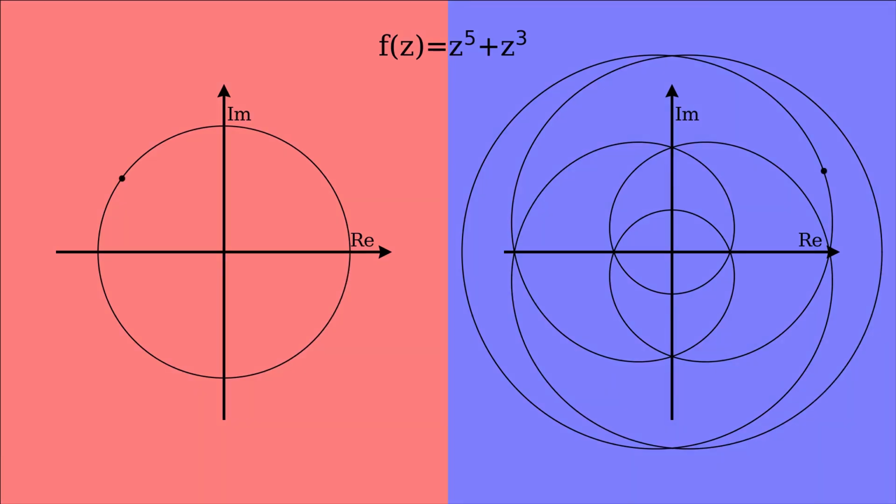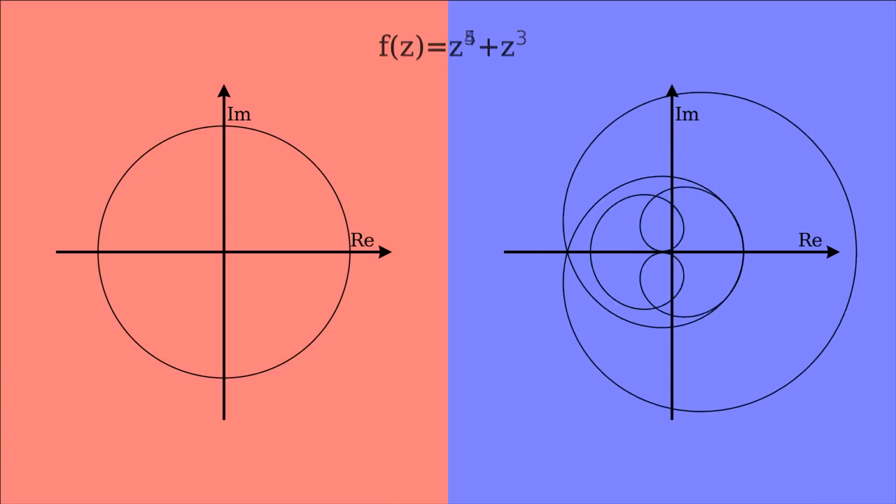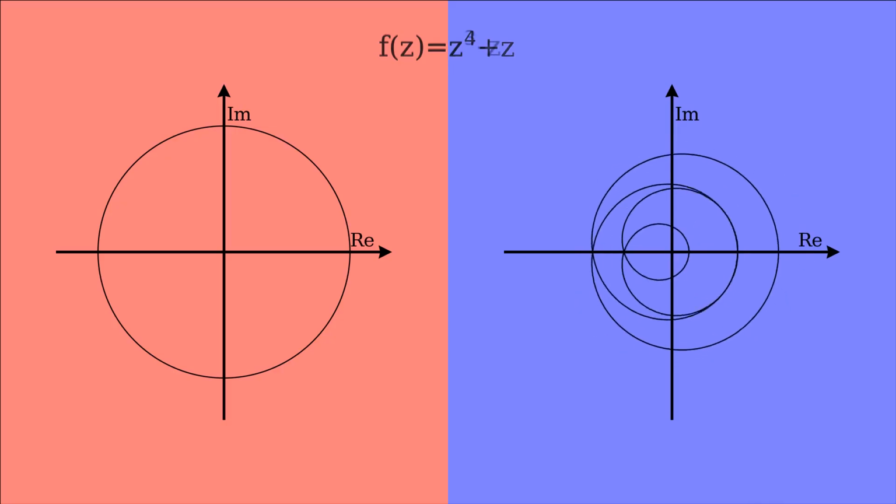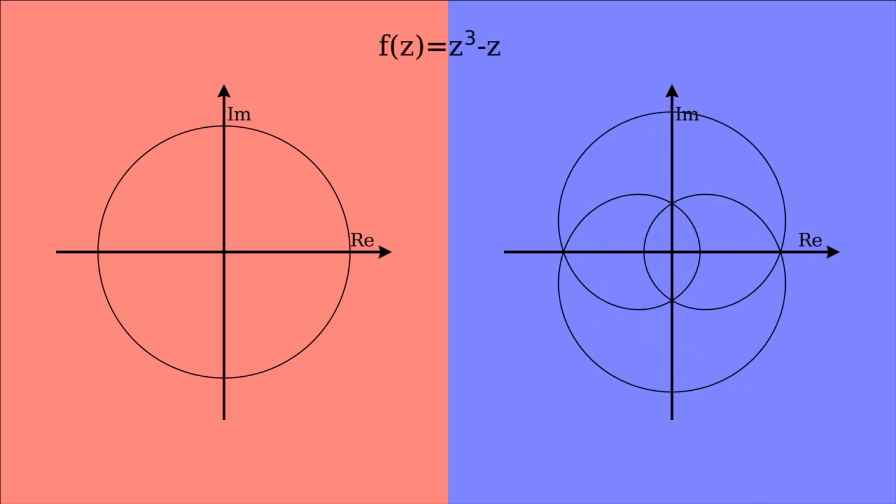We are using f to take points from the circle to the left into the curve to the right. If we keep the circle fixed but change the function, the curve to the right will also change. Here we have z to the fourth power plus z, and z cubed minus z.